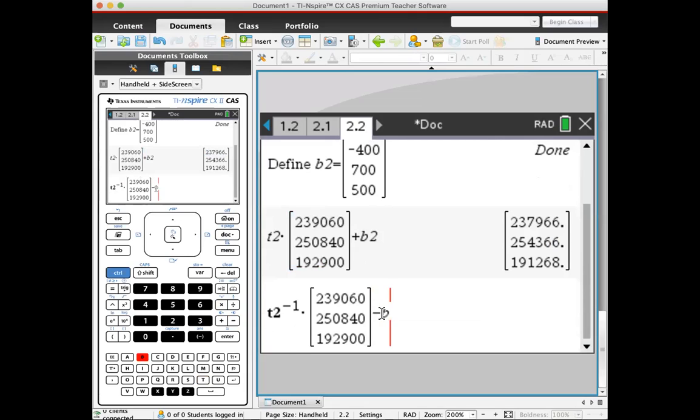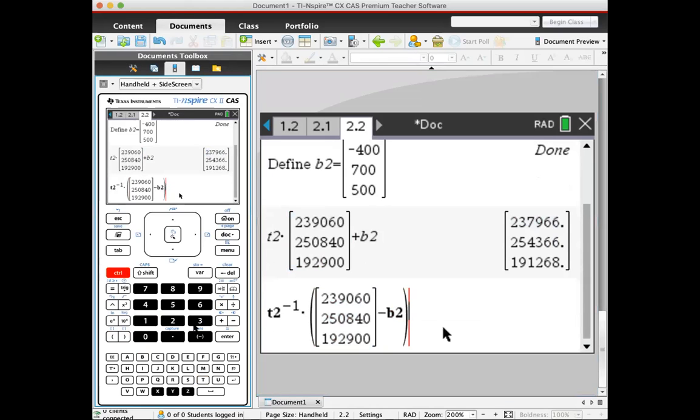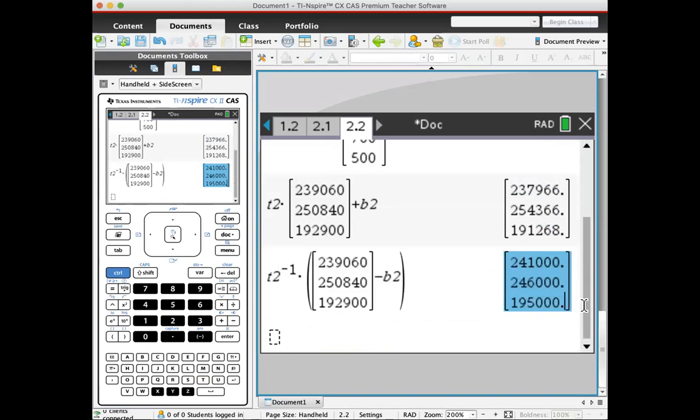Minus B. But remember, you should have a bracket here around these two matrices. Then we press Control, Enter. This will do. Quite nicely written numbers. Okay, integers, no decimals.